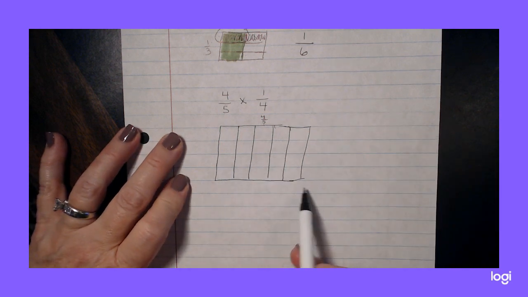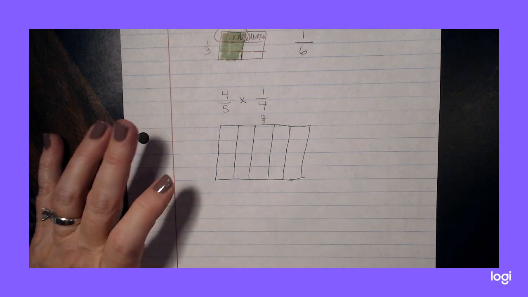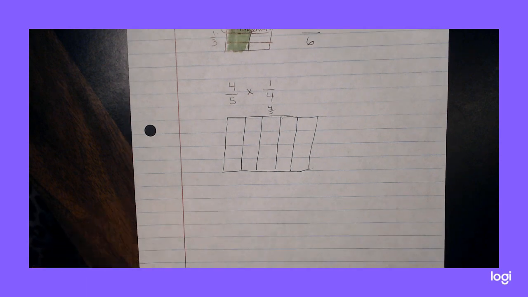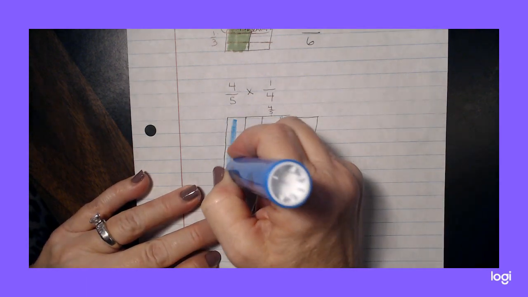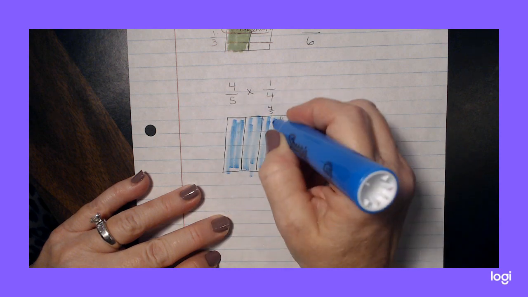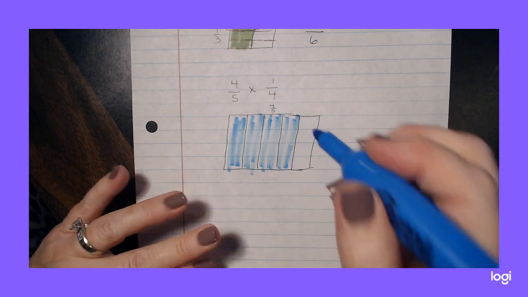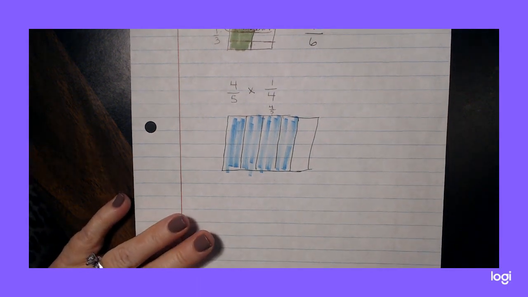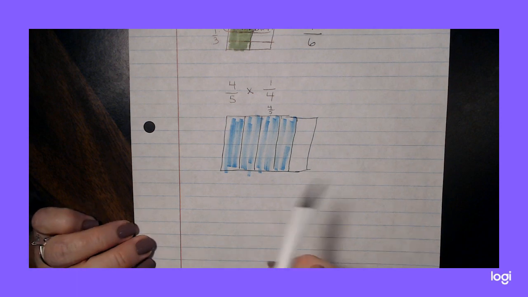Cut your box into fifths and then get your highlighter, and we're going to color 4. All right, so I've lightly colored in 4/5.